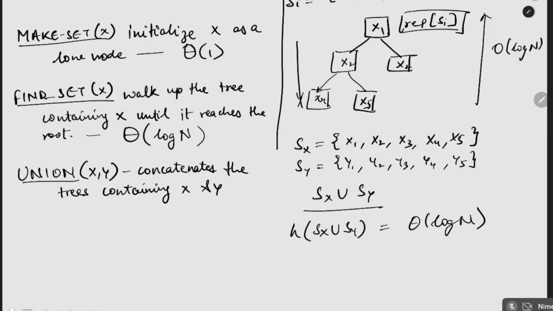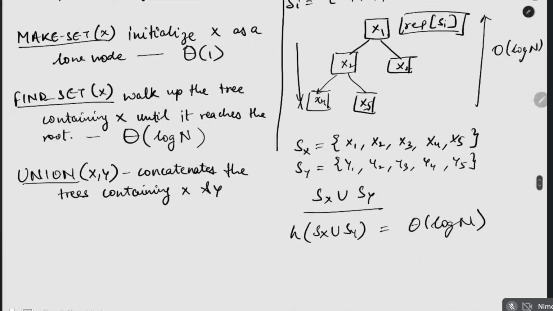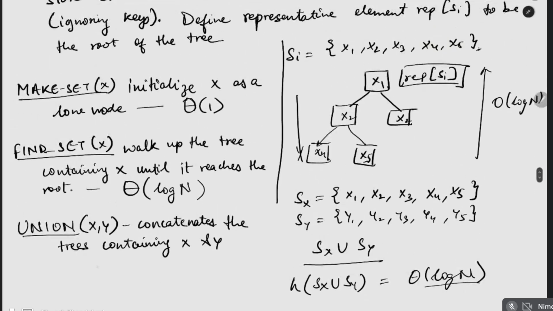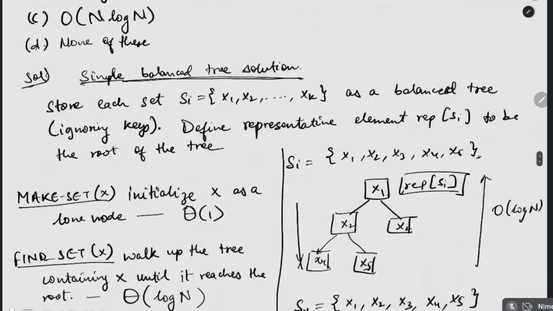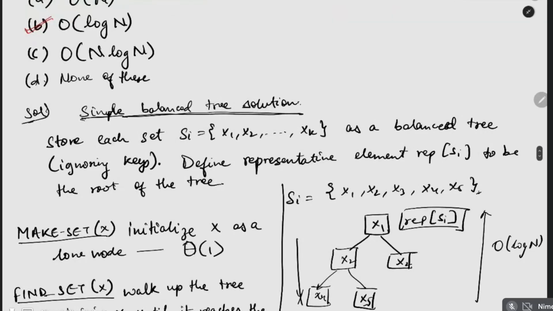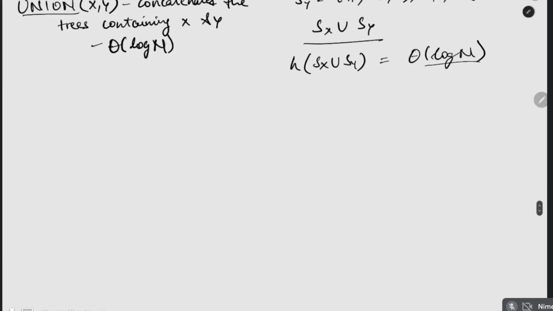But the height is determined by the log of the number of elements, so it is a theta of log n algorithm. So for our case, this means that the depth of the tree is of the theta log n order, of course, for the tree solution. Right. So let's take the next example.